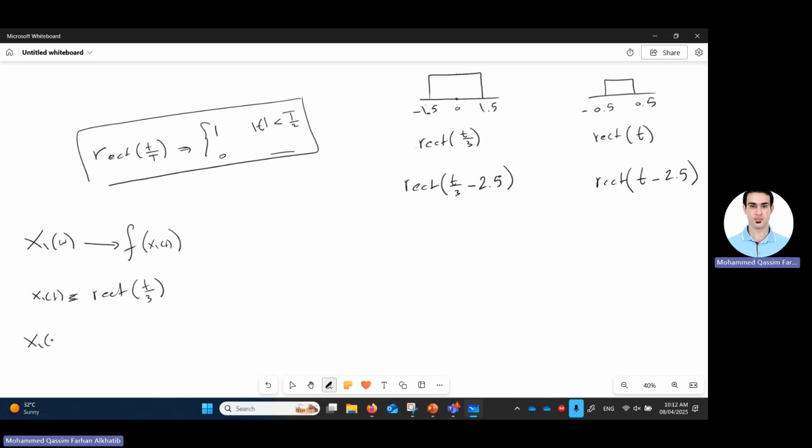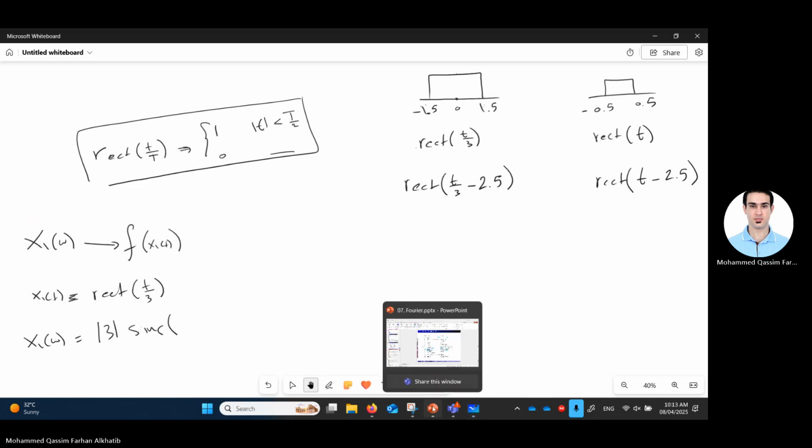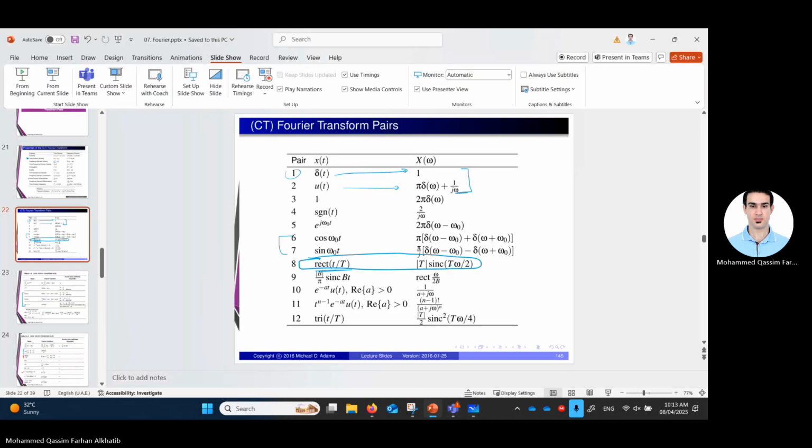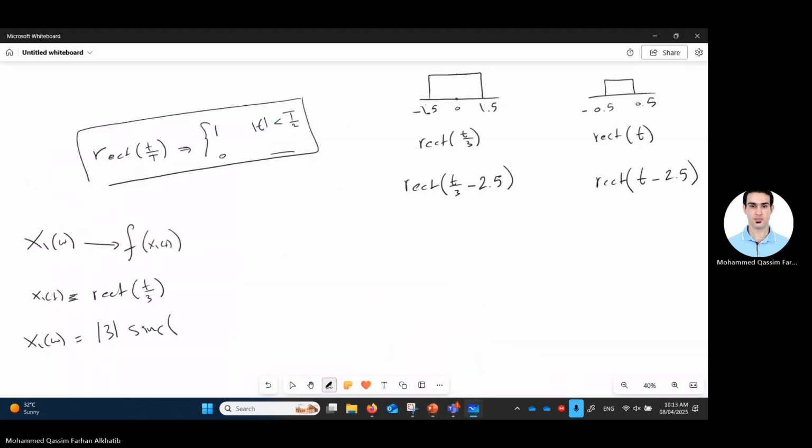Then X1 of omega equals what? Absolute value of 3, sinc of 3 omega over 2. So that's the standard rect.